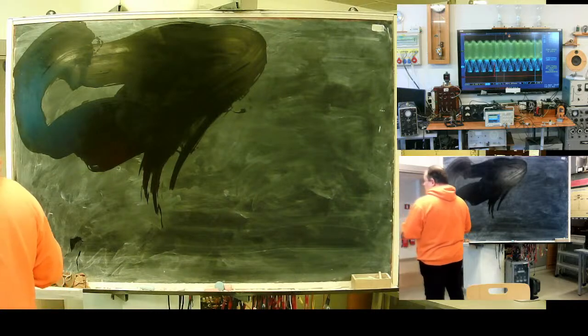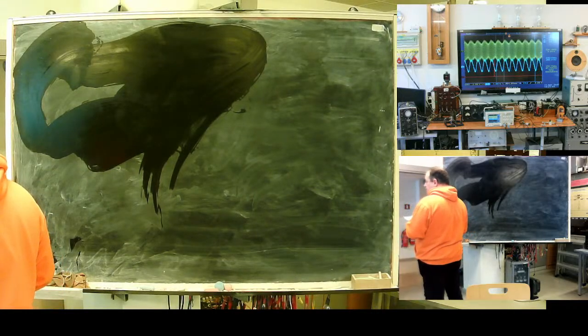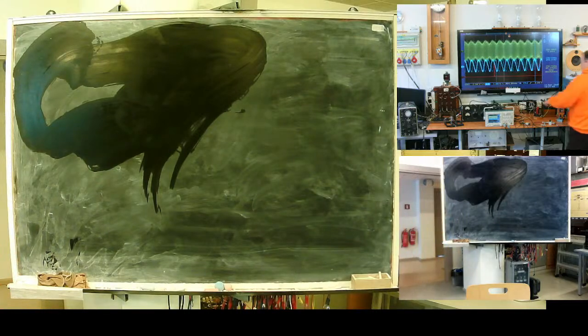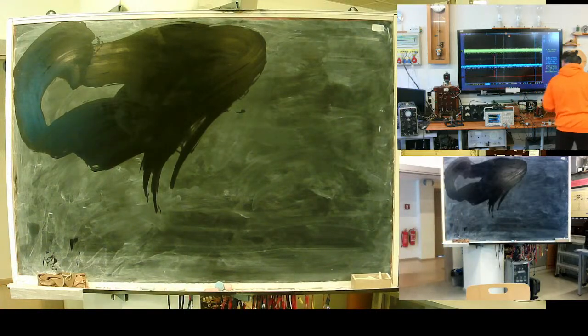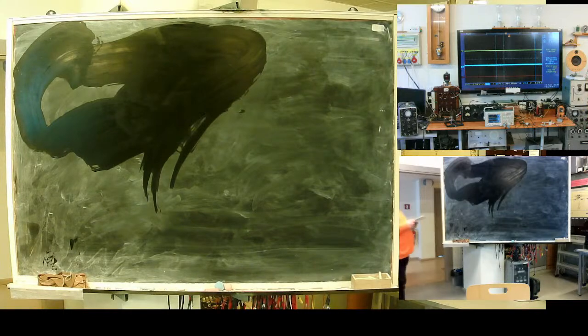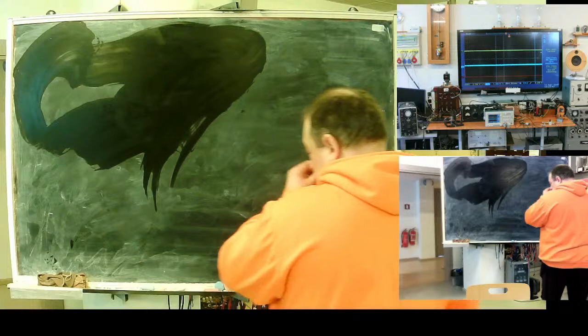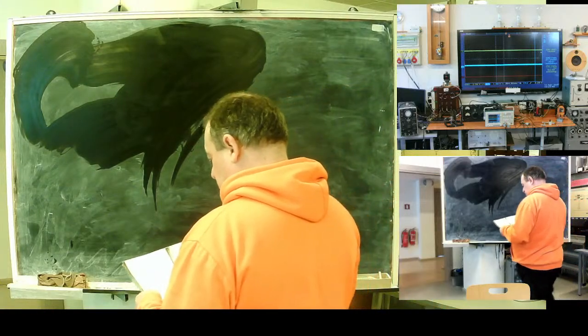When we speak on mutual effects or interference or something like this, it's good for us to understand a couple of things. The first thing is the so-called Parseval theorem.